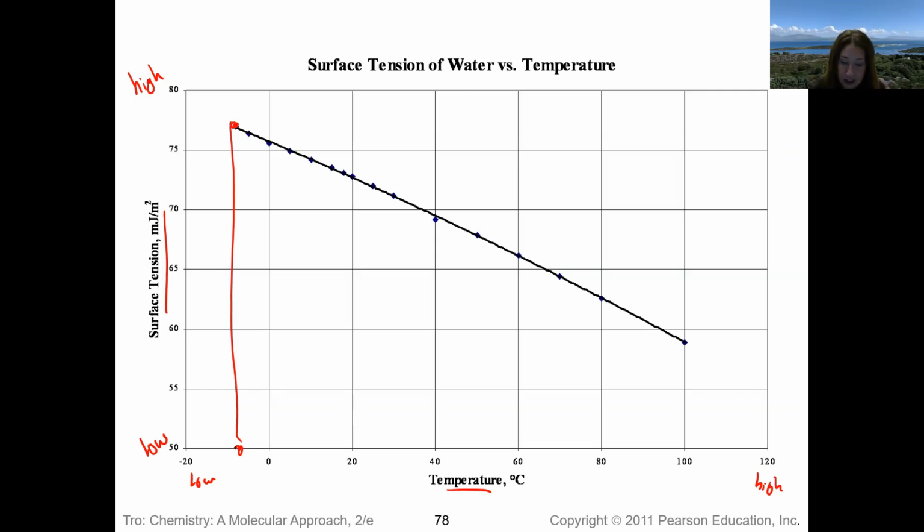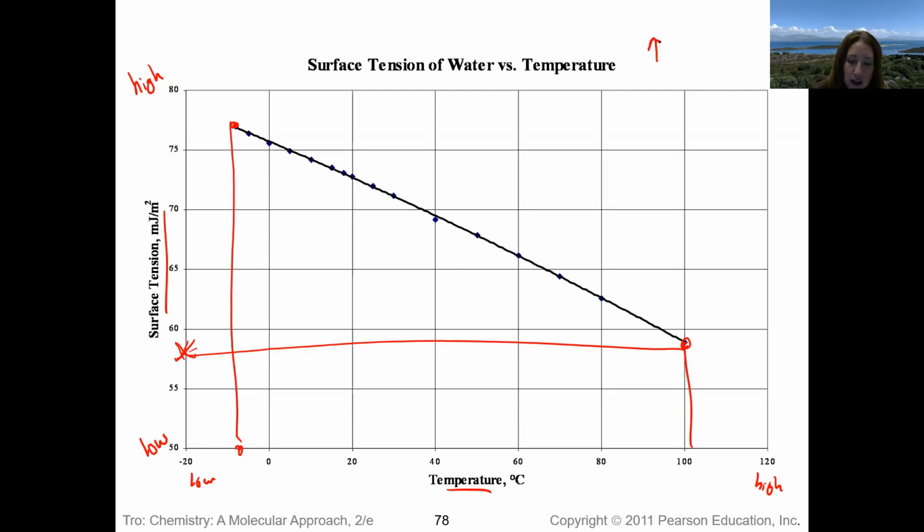But when we increase the temperature, here's like 100 degrees, now our surface tension is so much lower because we made those molecules move. And when we make those molecules move, we break those intermolecular forces. So it doesn't have the same pull as it did before, less surface tension.